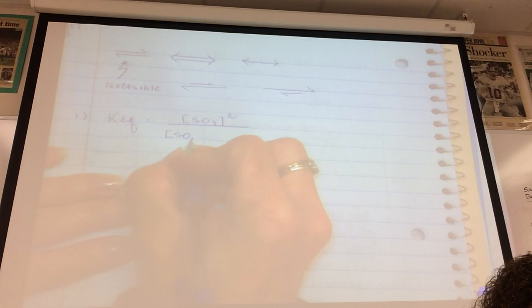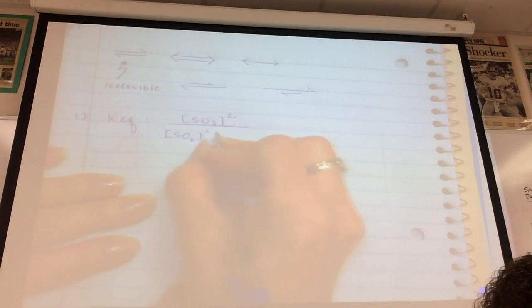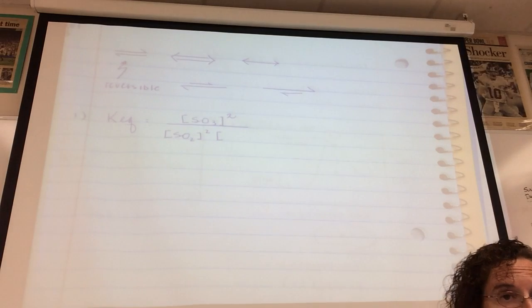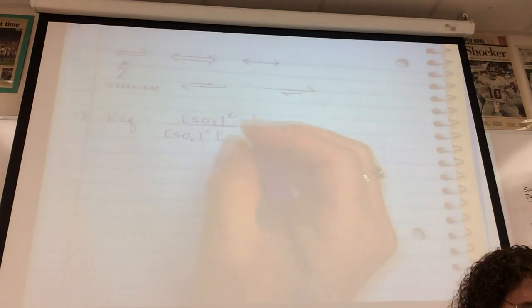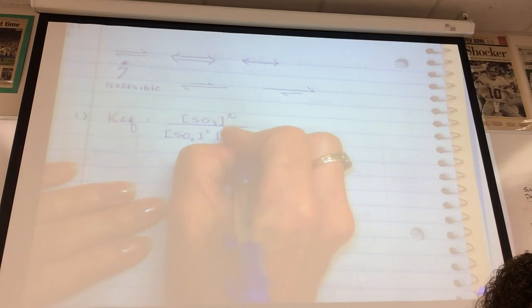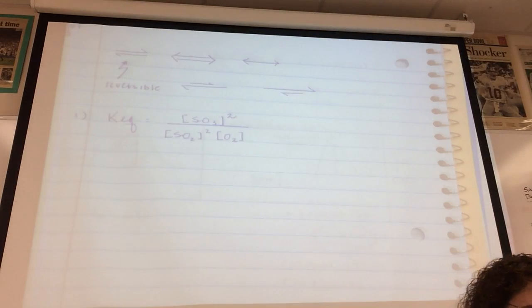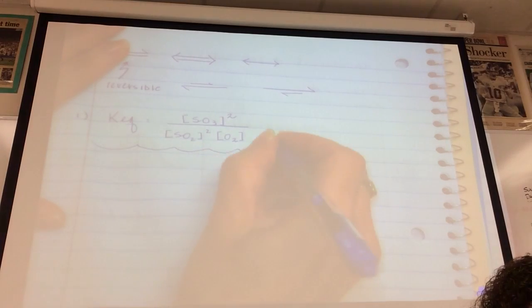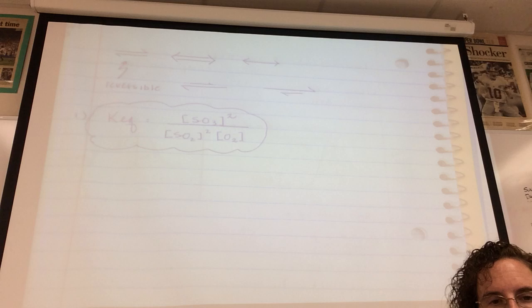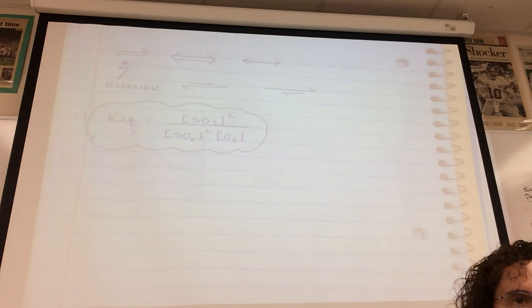That's sulfur dioxide raised to the power of 2. And this is a product, not products from the balanced equation, but you're multiplying, so the product of, and you've got oxygen, and that has a coefficient of 1. This is a KEQ expression. And again, I don't think you'll have any difficulty there.